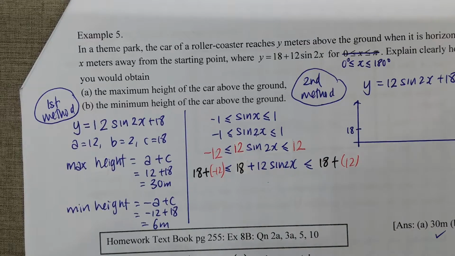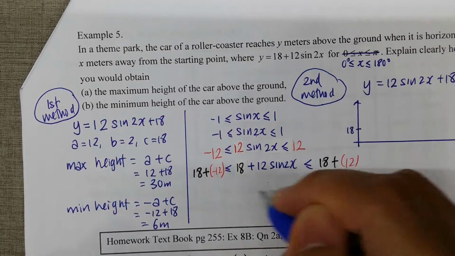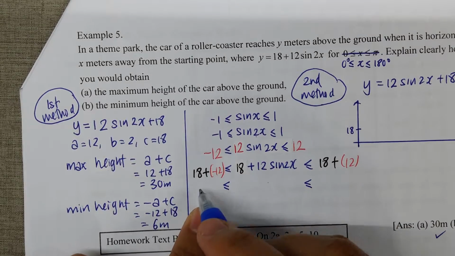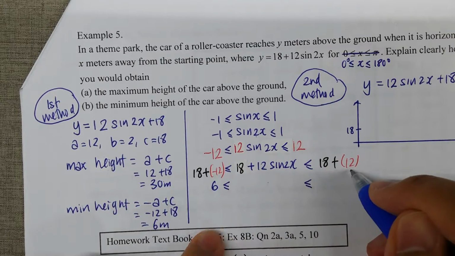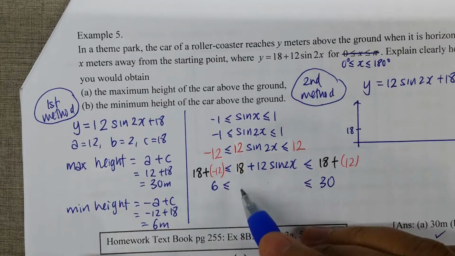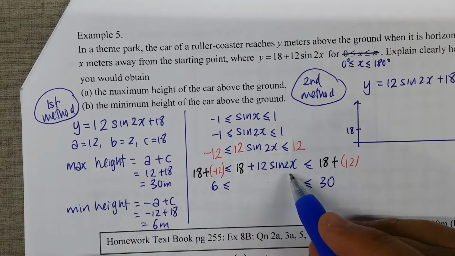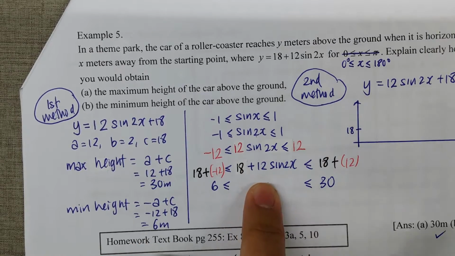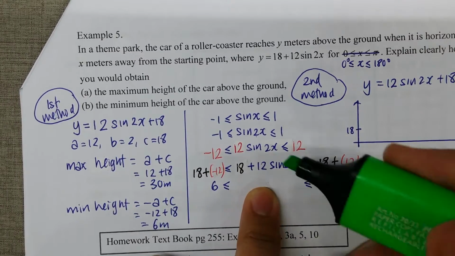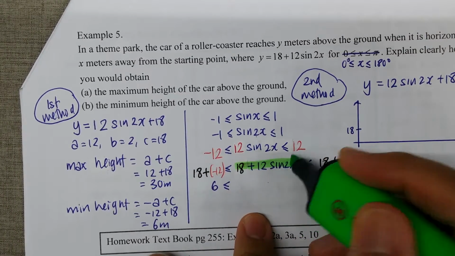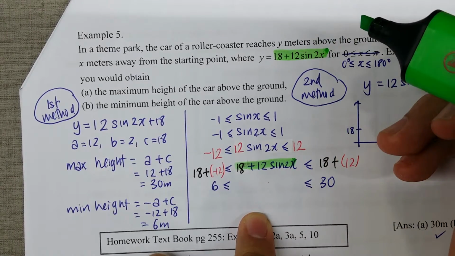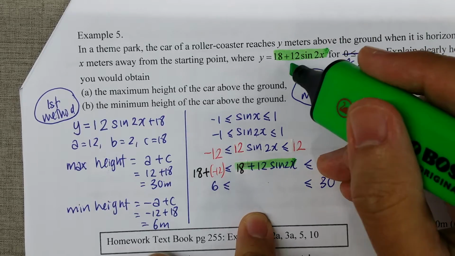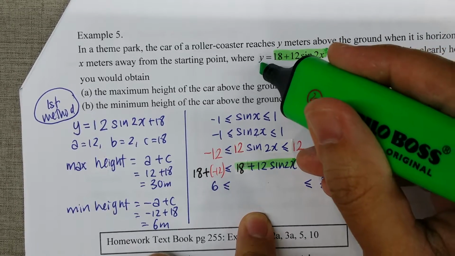What happens then? Let's evaluate the sides. This is 18 minus 12, 6. 18 plus 12, 30. What is 18 plus 12 sine 2x? Very familiar. Oh, sorry. 18 plus 12 sine 2x is y.